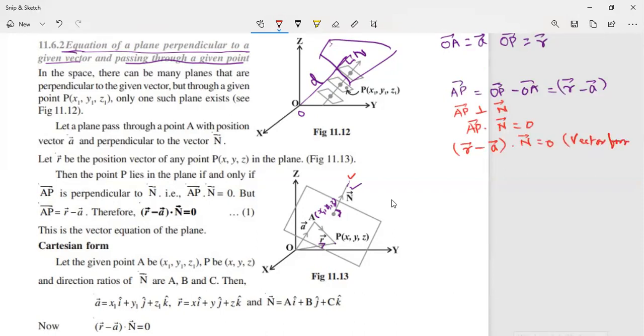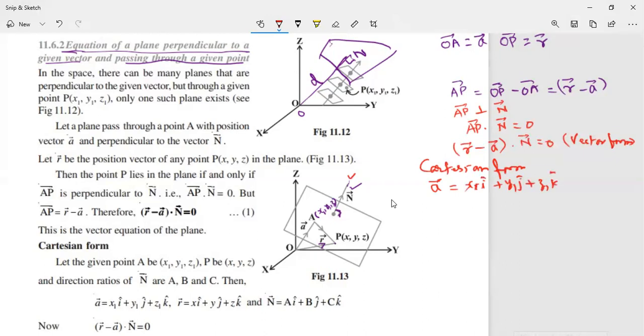Now we will convert it into Cartesian form. In Cartesian form, A is passing through x1, y1, z1, so obviously the vector a will be x1 i plus y1 j plus z1 k.